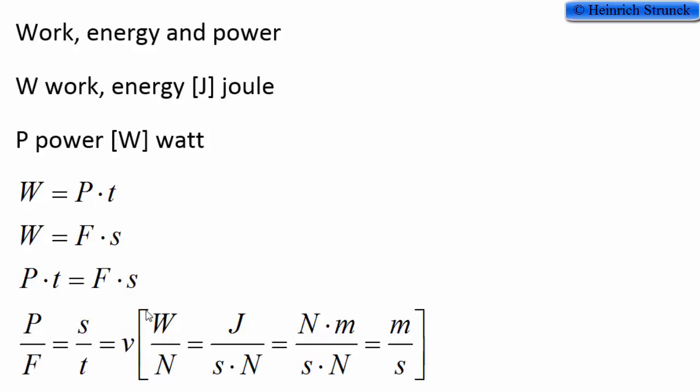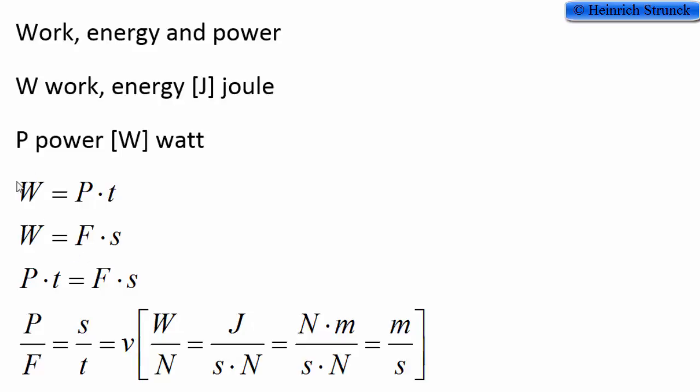We can make a check by the unit because we know that velocity is measured in meter per second in the SI system. Power was watt and force is Newton. Here we have the symbol for the unit, watt.